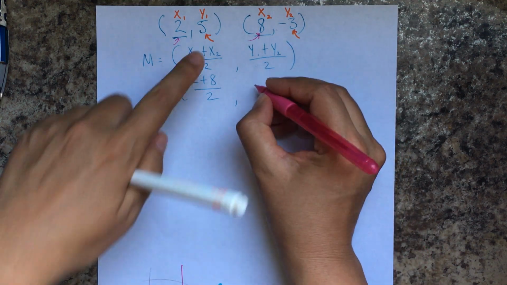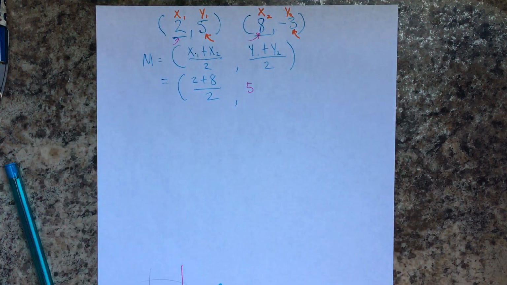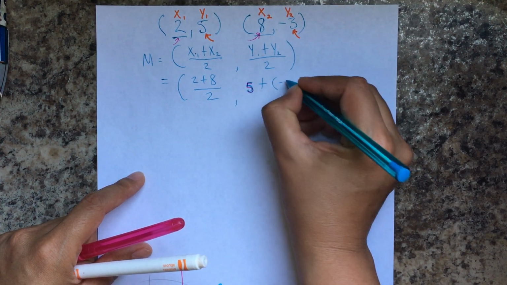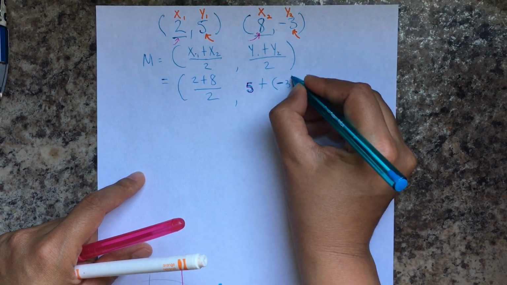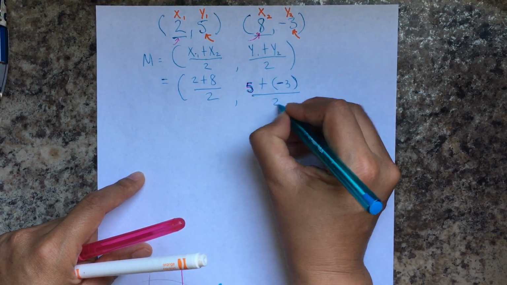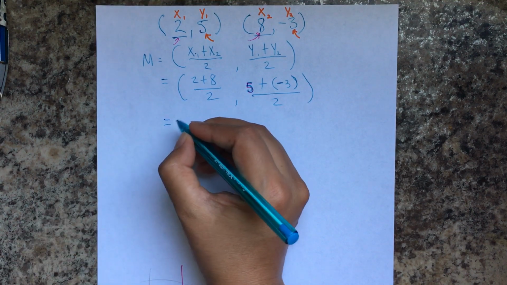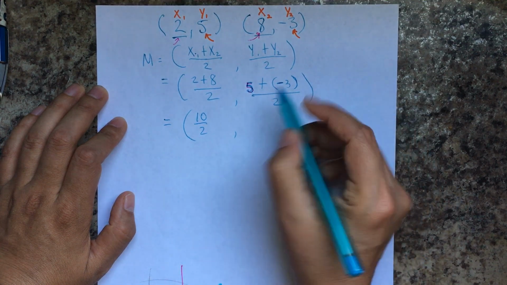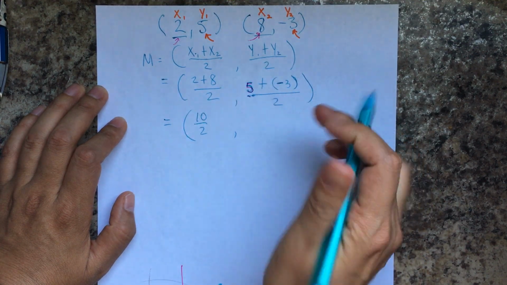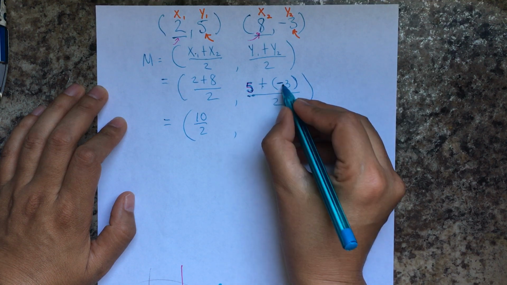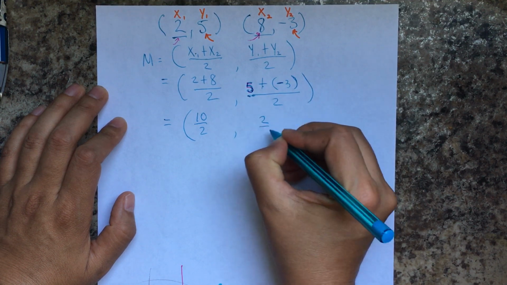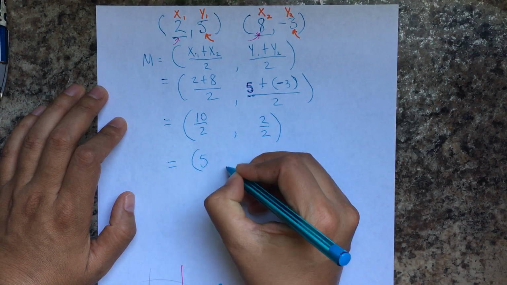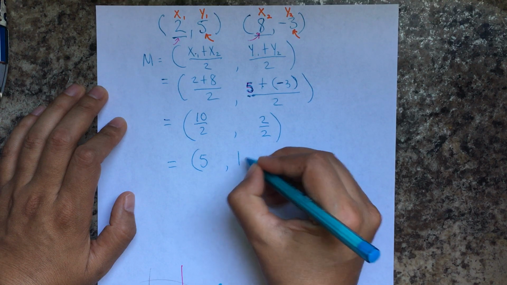So it's gonna be 5 plus -3. Notice that because it's a negative, we put it between parentheses and then divide by 2. 2 plus 8 is 10, and we're gonna divide by 2. So now we're simplifying each coordinate. 5 plus -3, that's 2 divided by 2. And so 10 divided by 2 is 5. 2 divided by 2 is 1.